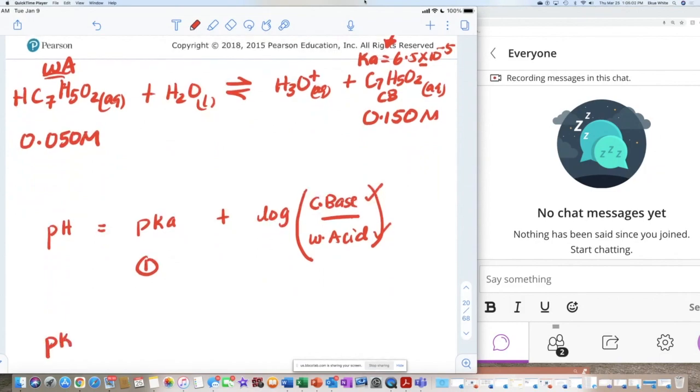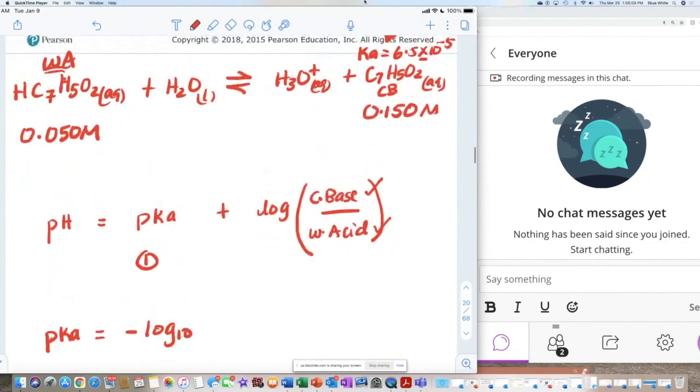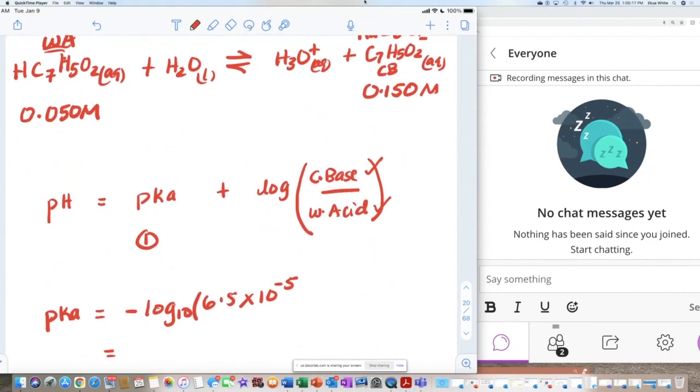To find my pKa, I'll just take the negative log base 10 of the Ka. Ka is 6.5 times 10 to the negative 5. Make sure you put this in parentheses so you get your answer right. Why do you go to sleep, calculator?